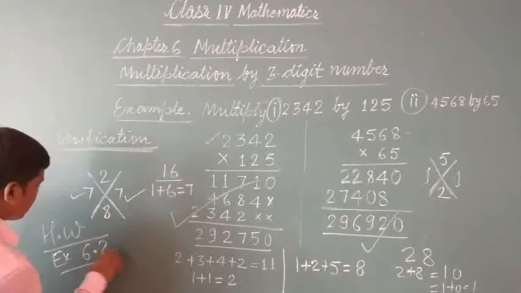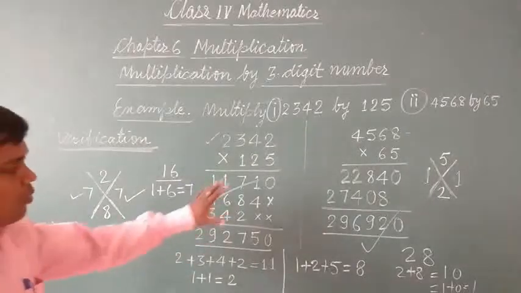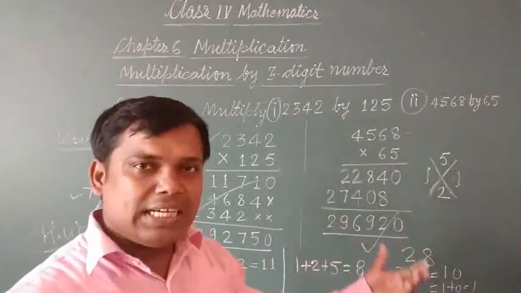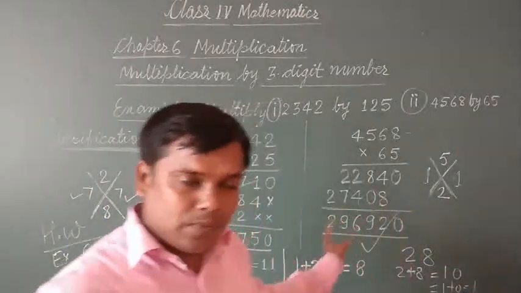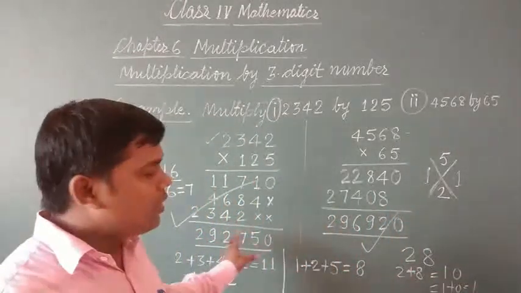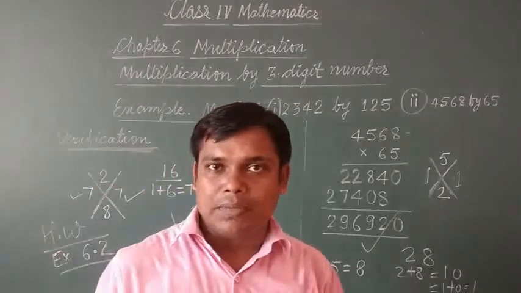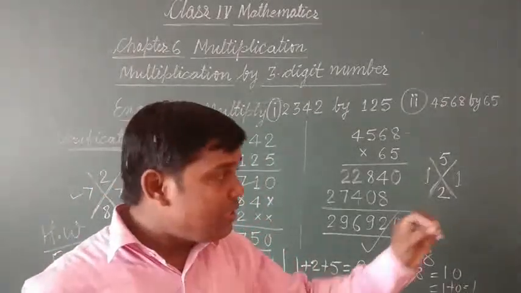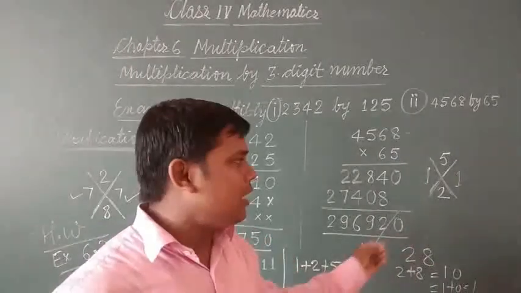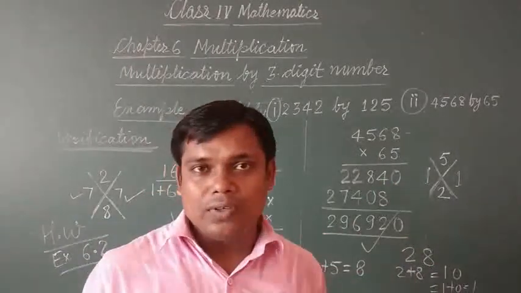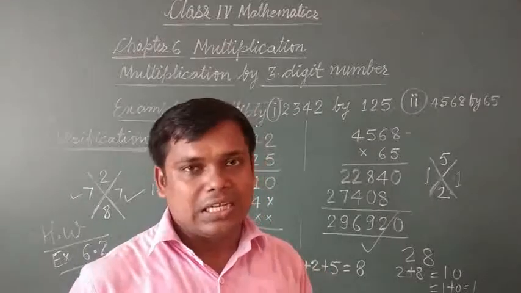You have to only multiply. You can check in rough whether your multiplication is true or not. You do not have to verify here. You will only do the multiplication of the numbers which are given. For your satisfaction, you can verify it in rough whether the product you have got is correct or not.